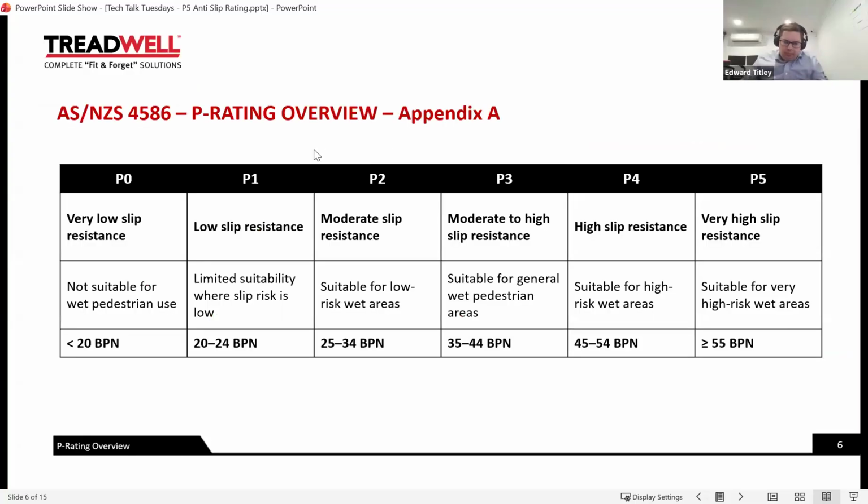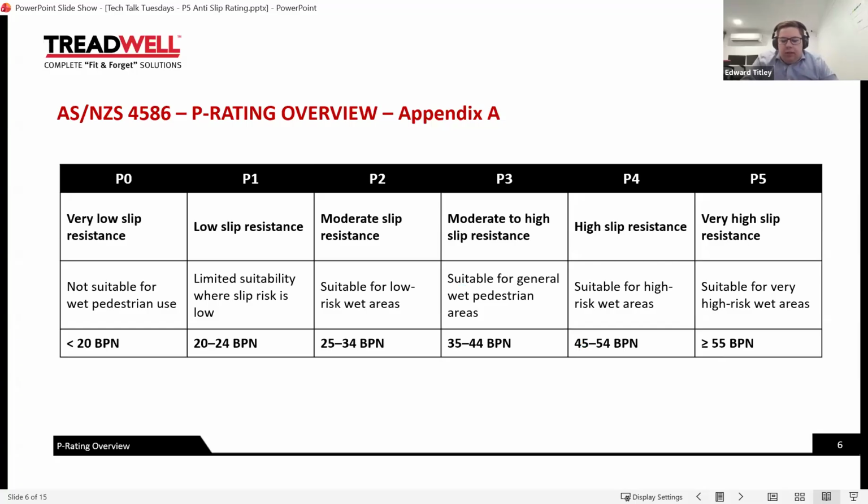So, AS4586 Appendix A is the wet pendulum test. This can be done in situ, it can be done in the lab. As the name suggests, the surface is wet, and the pendulum with a specific shoe type or a specific foot shape type is used.